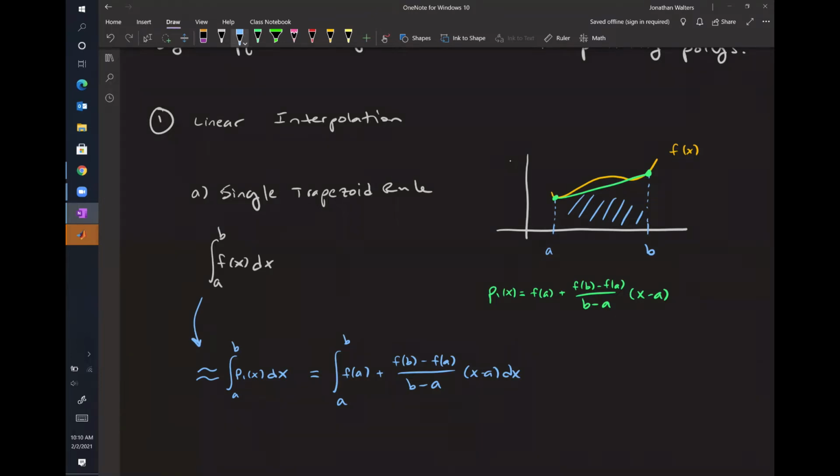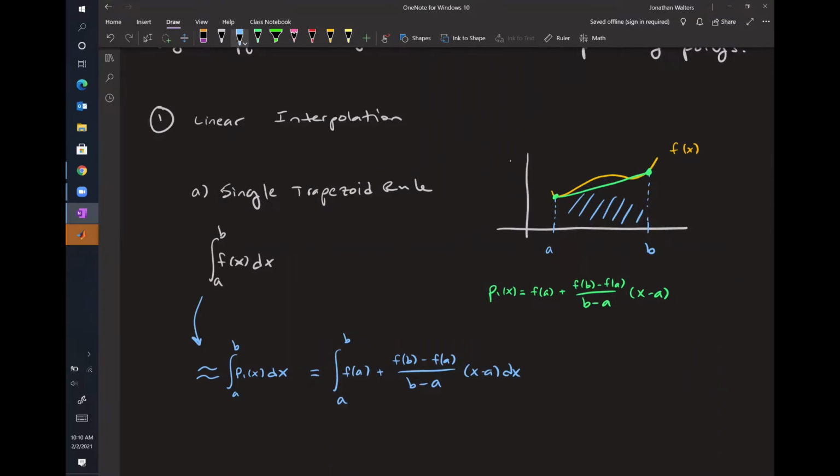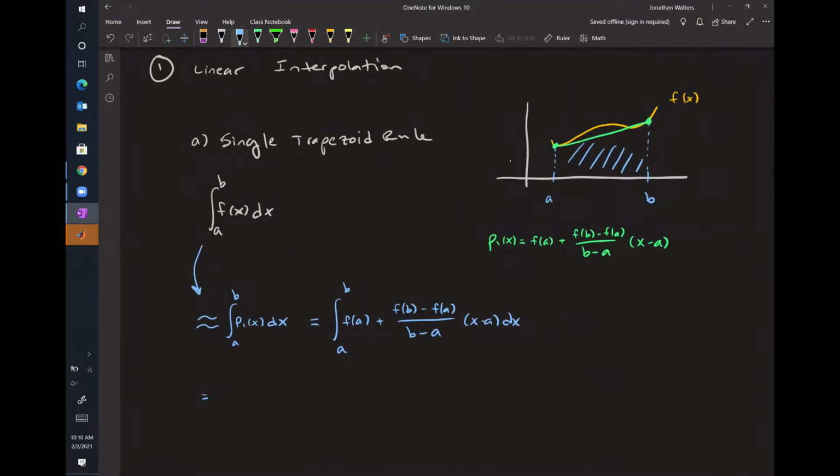Well, it's a constant multiplied by x, right? So this is going to be f of a times b minus a plus f of b minus f of a over b minus a times x minus a squared over 2 from a to b.